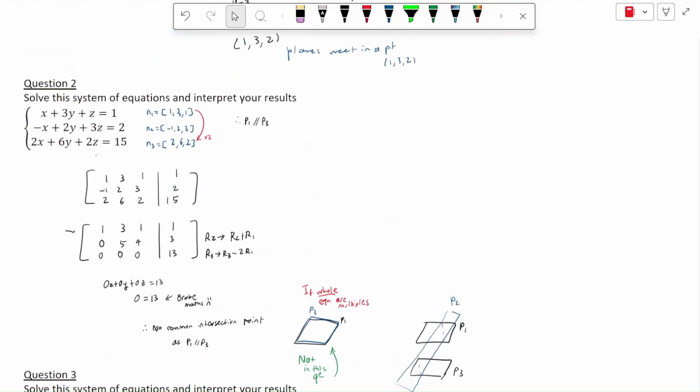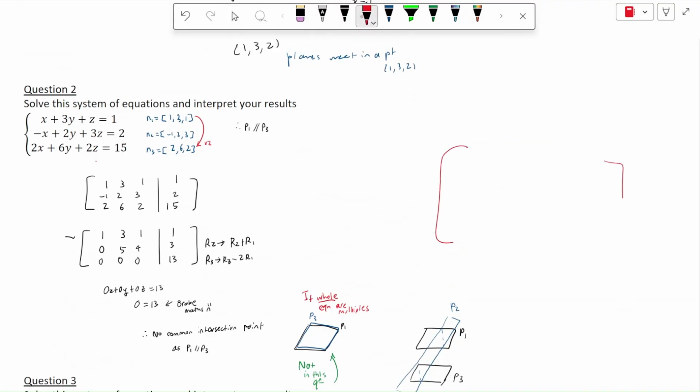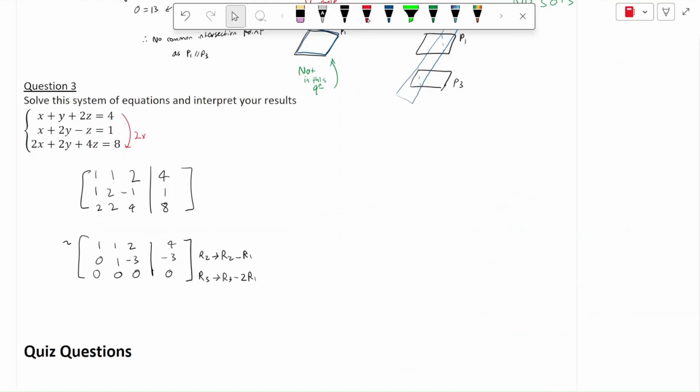In this one here, the augmented matrix looked like 0, 0, 0 on the bottom, and then something that was not 0 there. So that was the no solutions version. Here, the bottom row looks like 0, 0, 0, 0. Now what it means here is that we have infinitely many solutions.